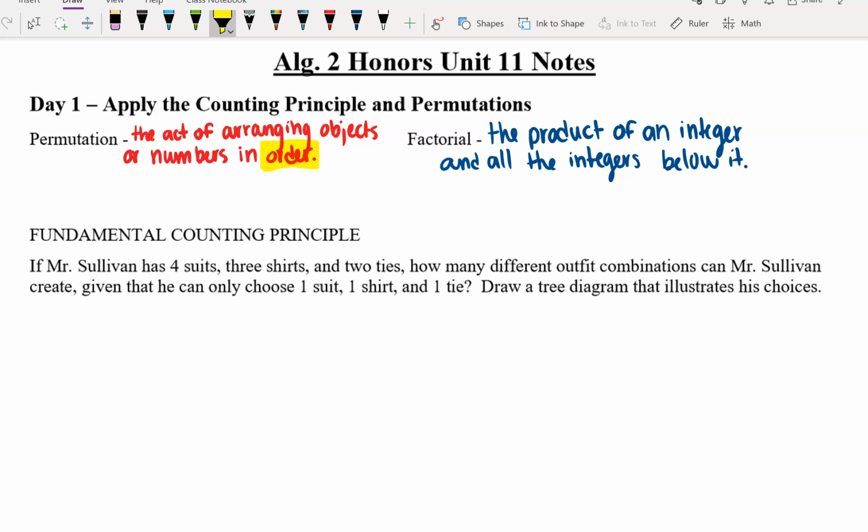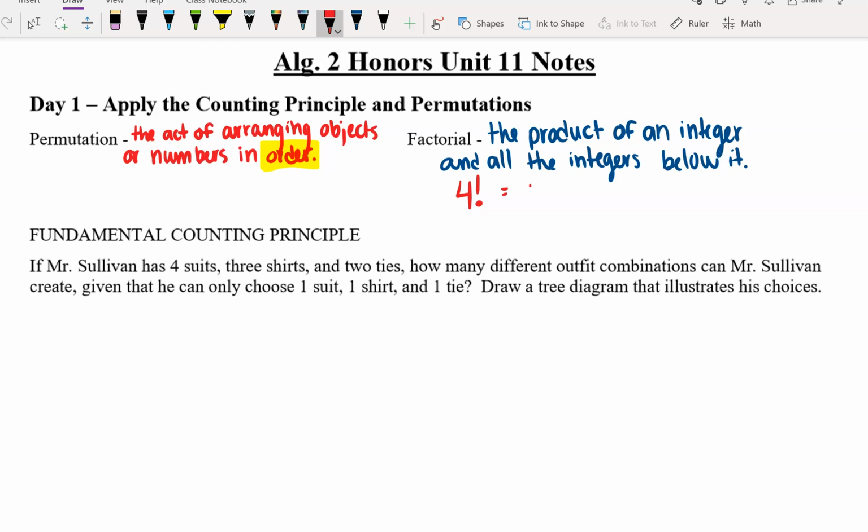And then factorial is a term that you're going to need to know for today. A factorial is the product of an integer and all the integers below it. And it's notated a specific way. Kind of fun, actually. An example is 4 factorial, which is written as 4 with an exclamation point after it.